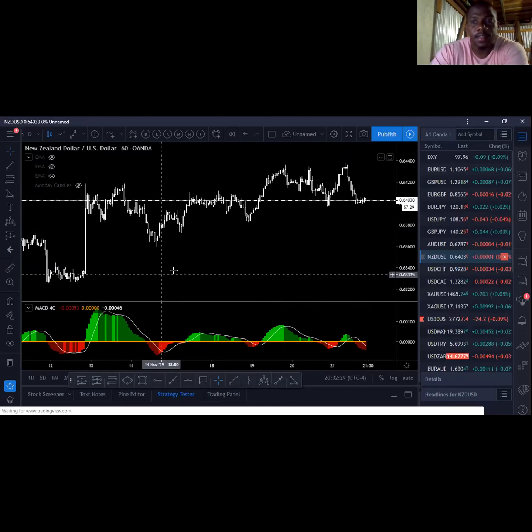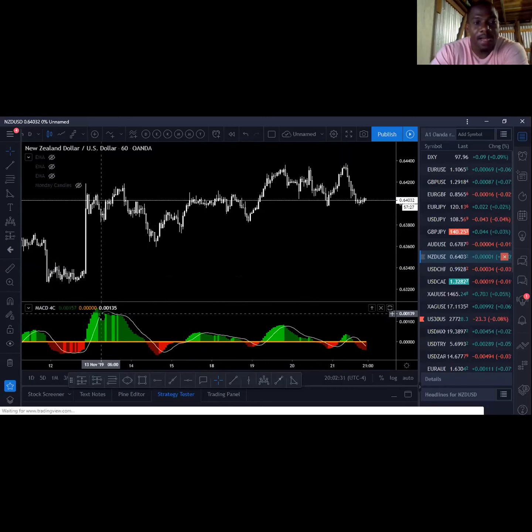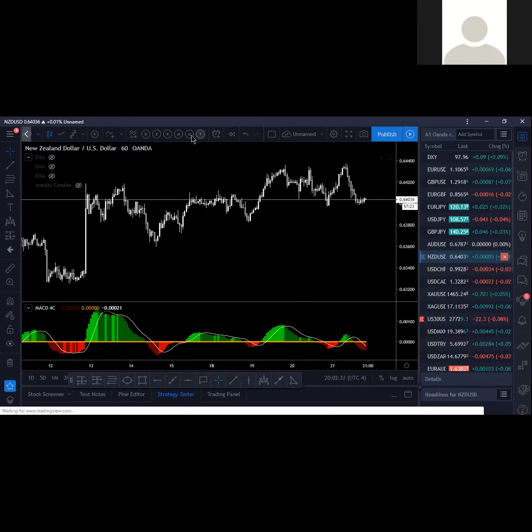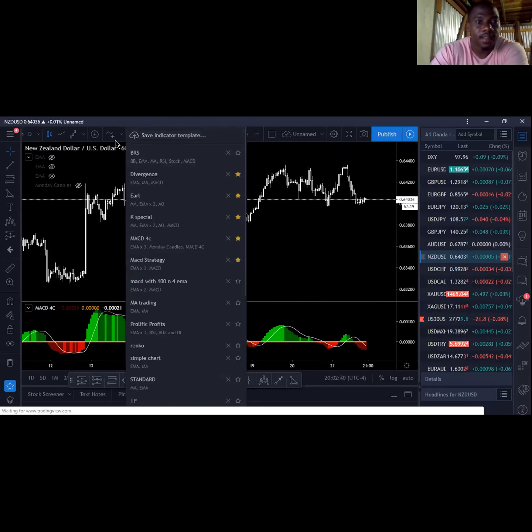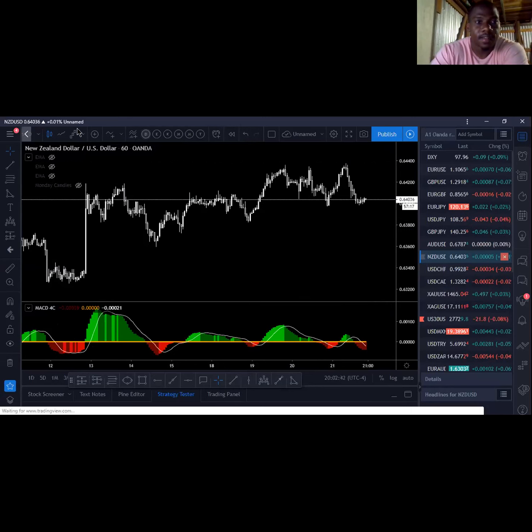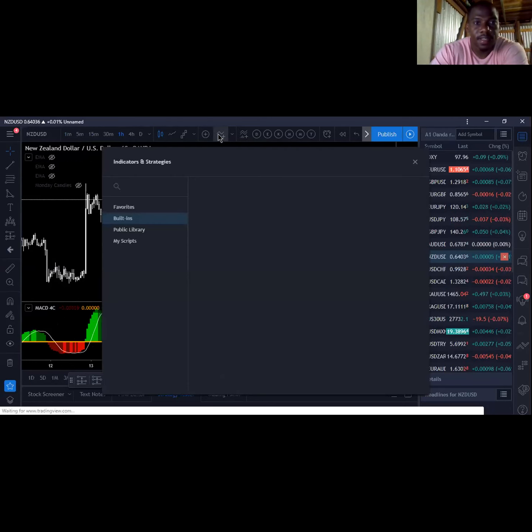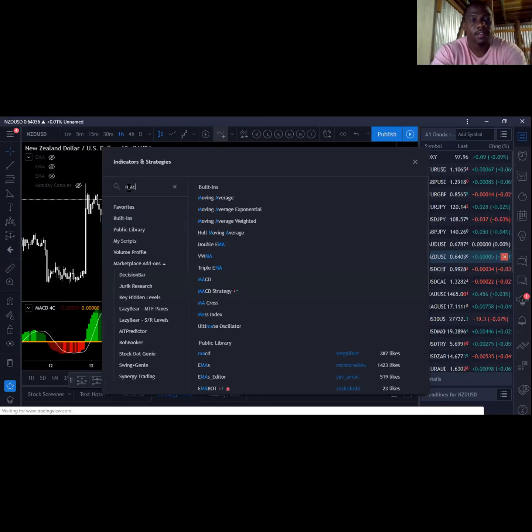Currently we're using this MACD, MACD 4C. Some people may still have the old MACD, but to add this new MACD, you just come to indicators, and search MACD 4C.